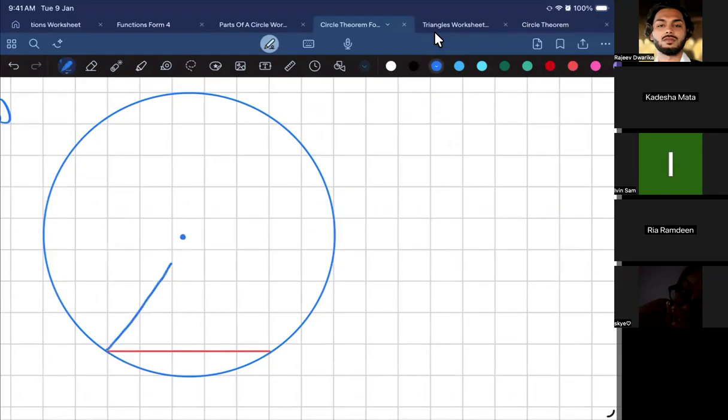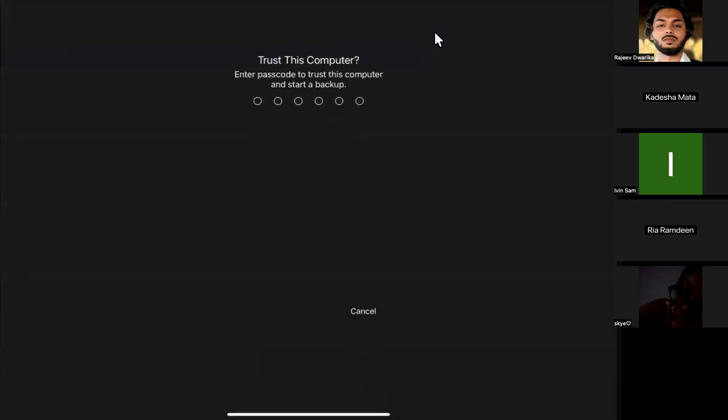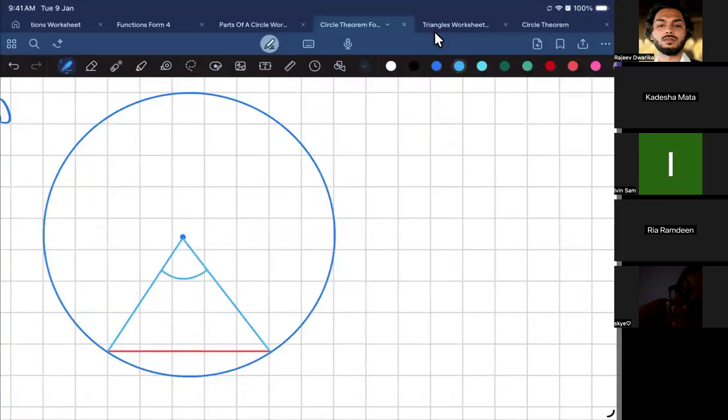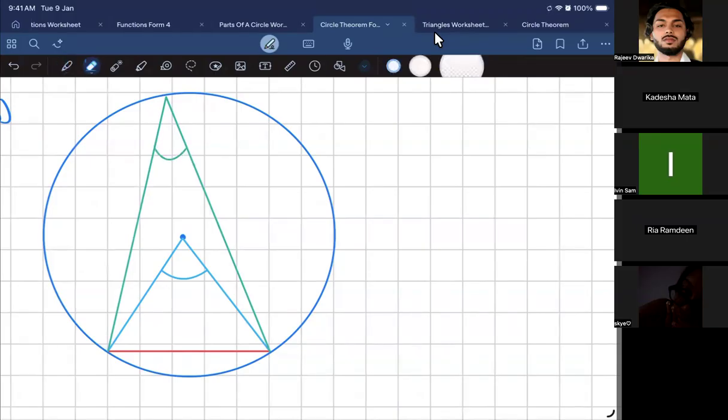You see I have an angle at the center, and an angle going to the circumference.